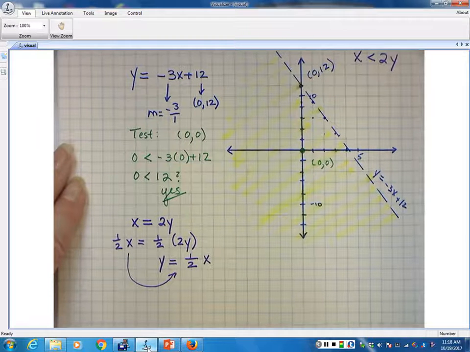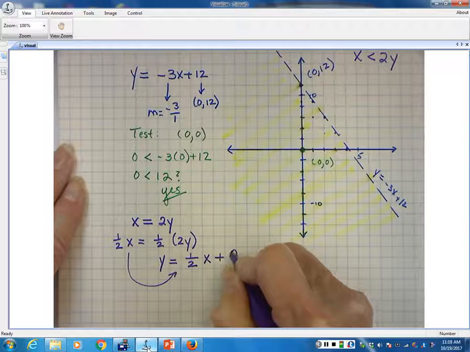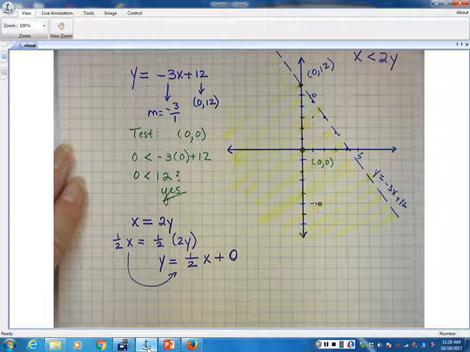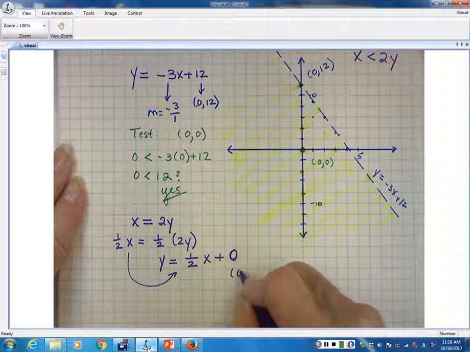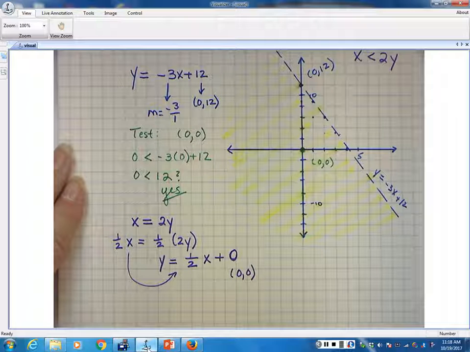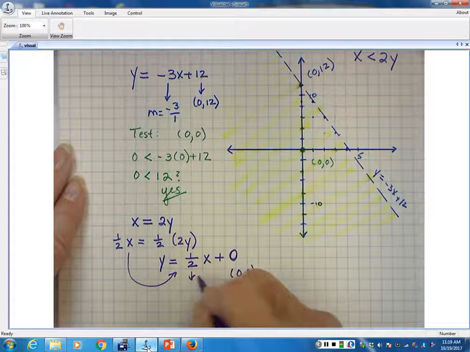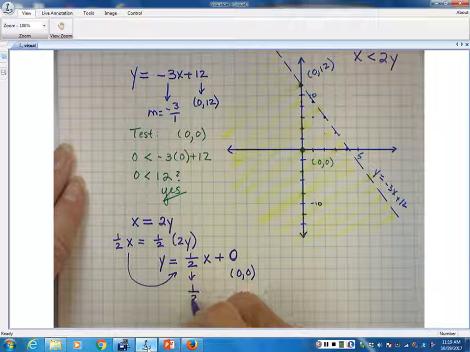And if y is equal to 1/2 x, I know that the number that I could put out here and not change that would be 0. And that tells me that its y-intercept is 0, 0. And it tells me the slope then is up 1 and right 2.